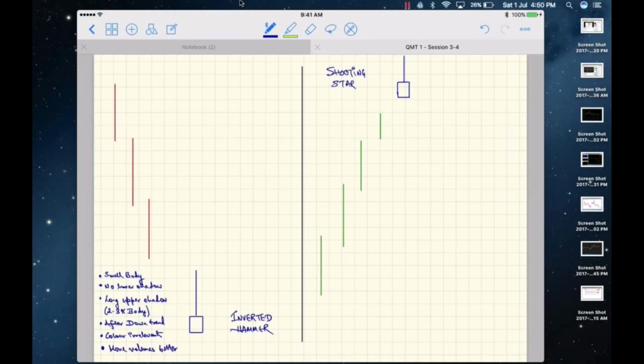So if you look at the anatomy of an inverted hammer, it is essentially the opposite of a hammer, and that's why it has a bearish connotation. It went to a certain high, couldn't sustain, came down. So it's got a bearish connotation. Then how can this lead to a reversal on the upside?